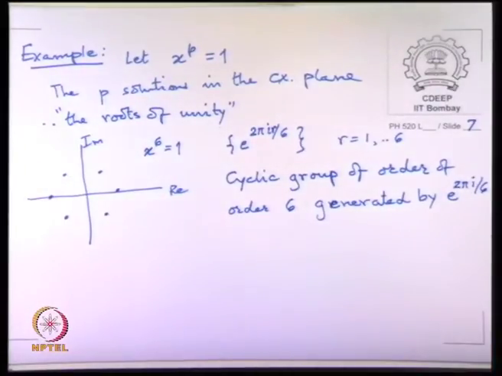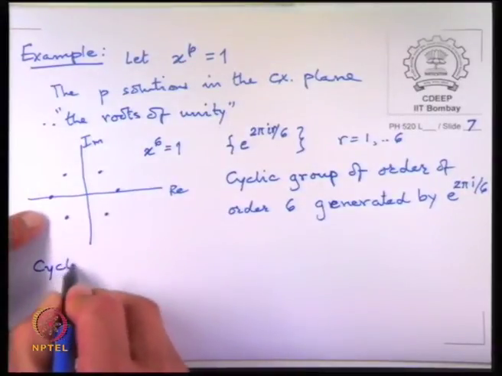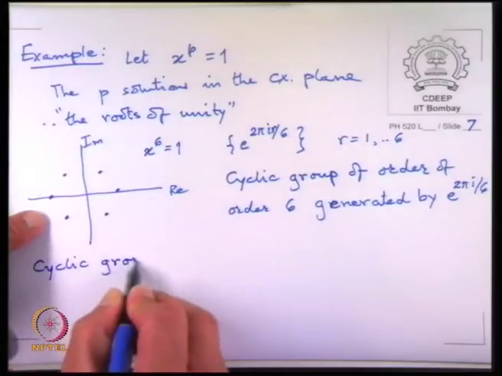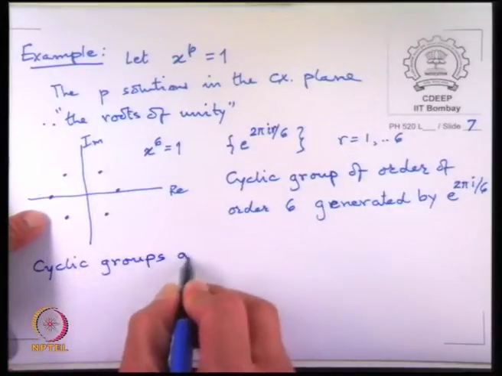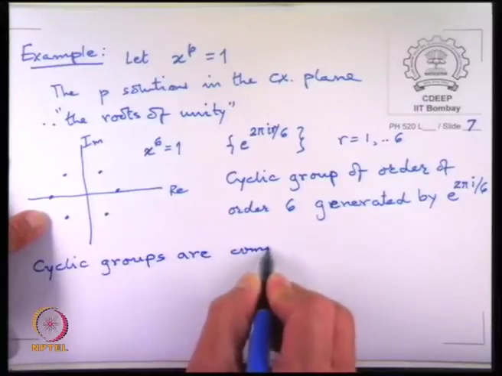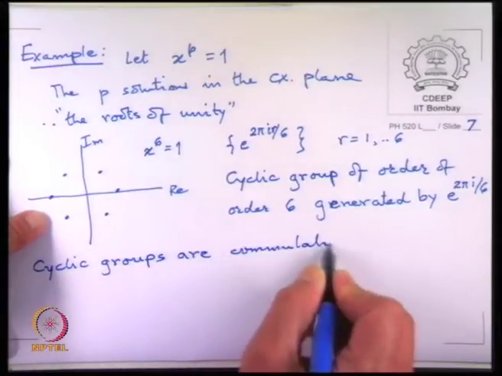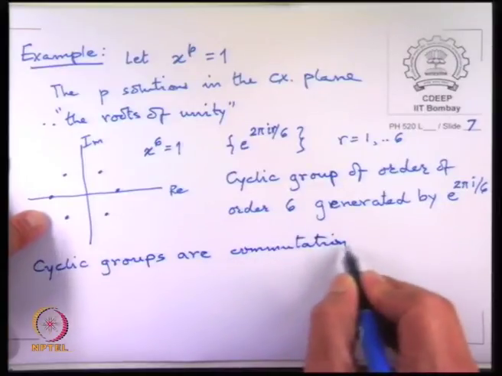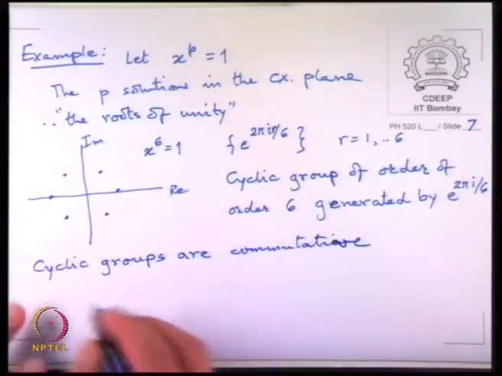Clearly, for any integer p, any natural number p, you have a corresponding cyclic group. Such groups are always commutative, because they are all made up of powers of only one element.